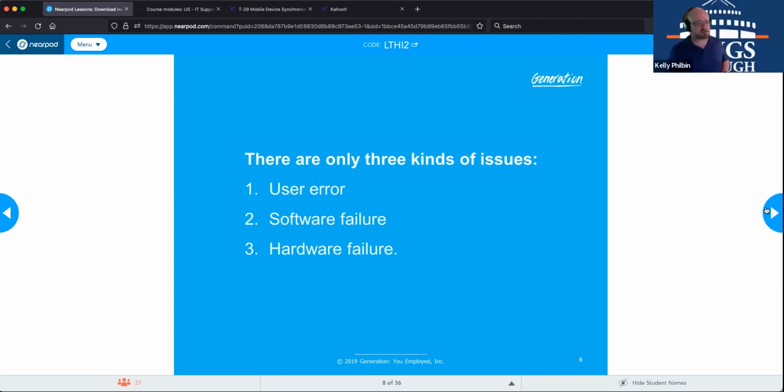Oh, that's harsh. It's also true. So yes, user error is overwhelmingly going to be the most frequent kind of issue you're going to have to deal with in an IT setting.